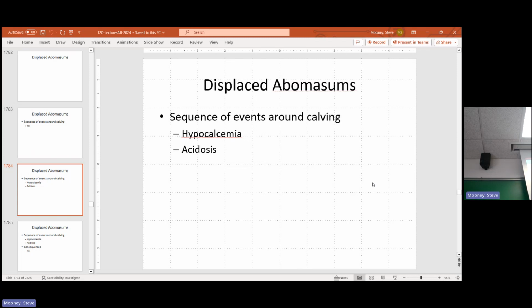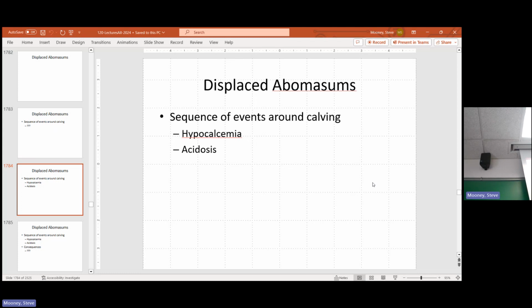Acidosis is going to overwhelm the rumen, and you're not going to be able to absorb those VFAs as quickly as you might. So normally we want from the rumen, the reticulum, and the omasum, we want all the VFAs absorbed before they get to the abomasum or true stomach.